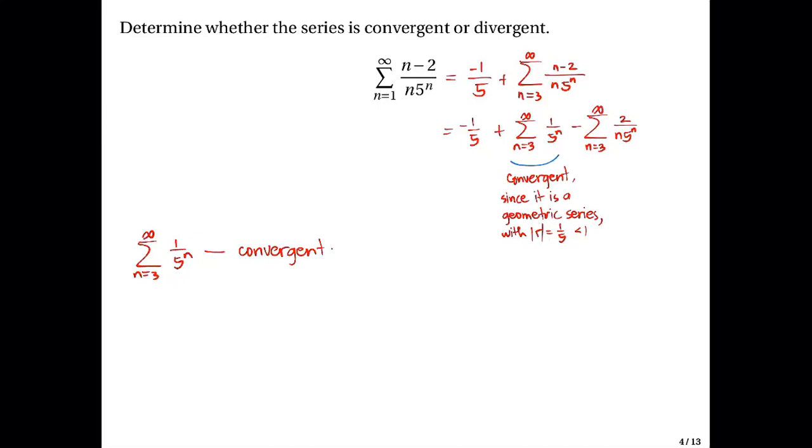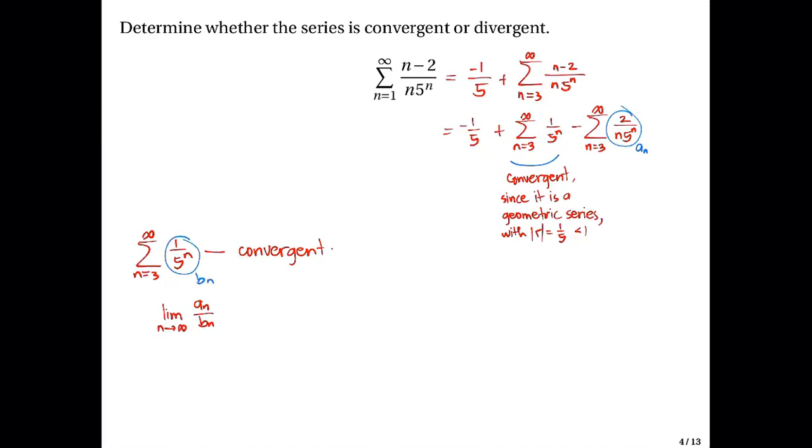Let's take this as our Bn, and this as our An. So in here, you can now use An over Bn. We now look at the limit of An over Bn as n approaches infinity.